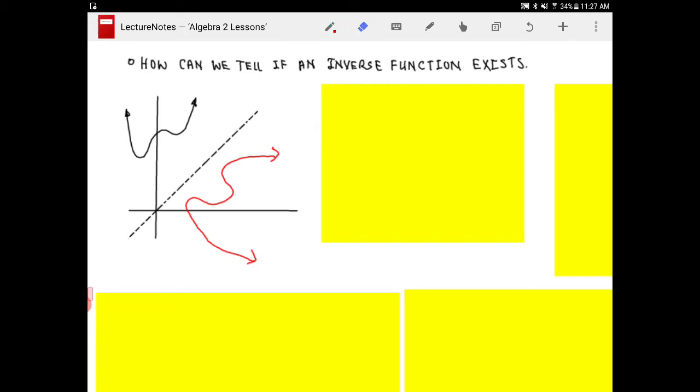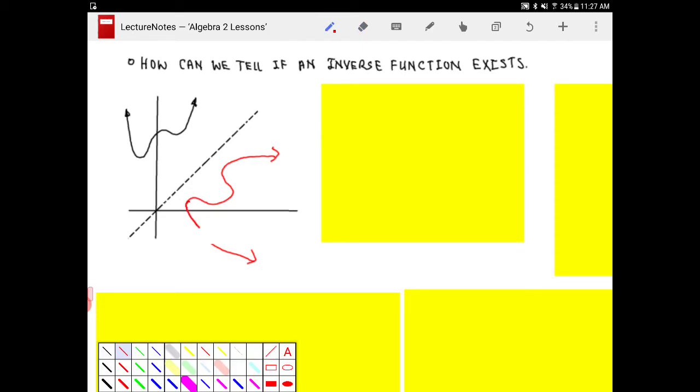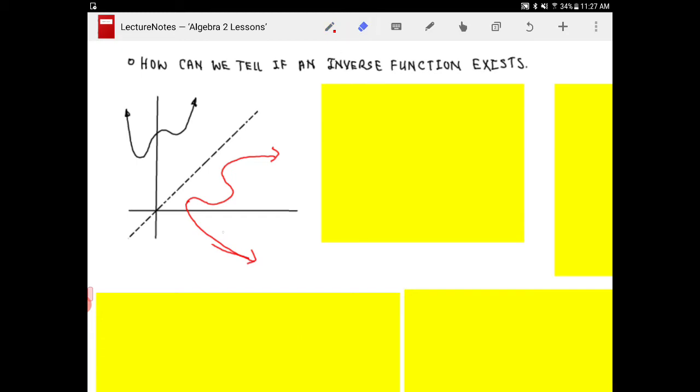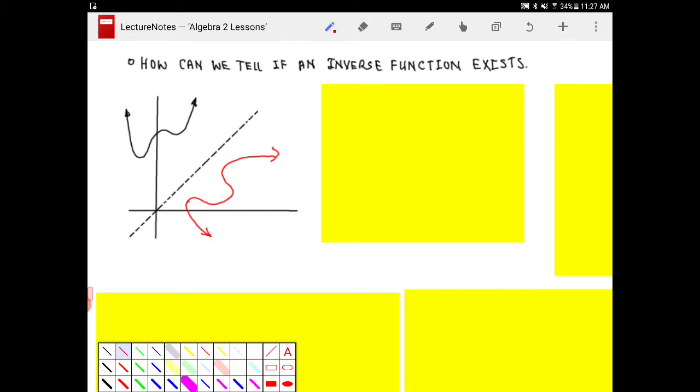Maybe a little more curved this way. Something like this. So is that going to be an inverse function? Of course you'd say no. But what's the pattern then, right? There's no inverse function there.